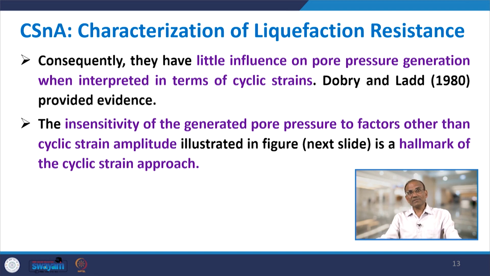The insensitivity of the generated pore pressure to factors other than the cyclic strain amplitude is a hallmark of the cyclic strain approach. That goes in favor of this approach, because many factors influence both G and tau cyclic in a similar way, so their effect on gamma cyclic is very little.